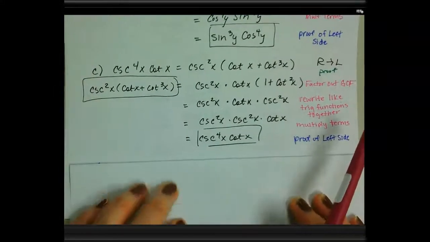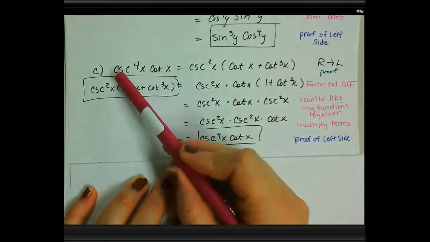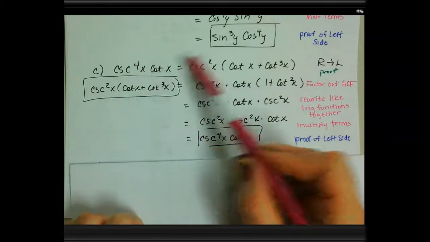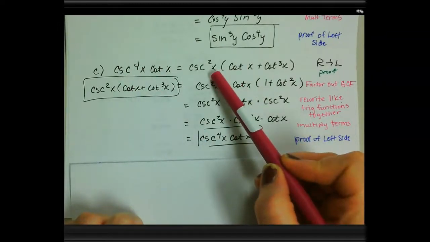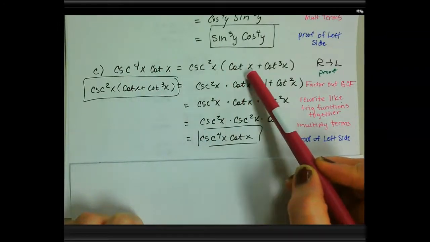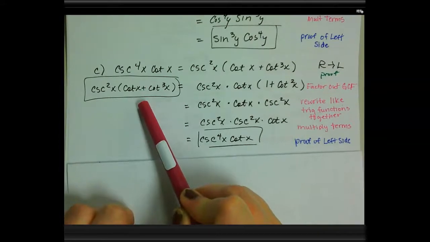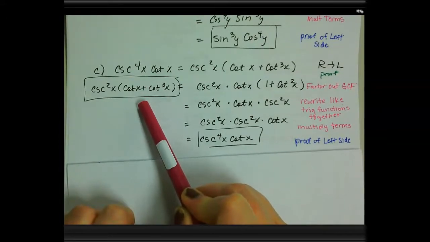All right, another one. So you can see lots of high powers in these. That's where this kind of comes in. So I have secant squared x times cotan x plus cotan cubed x. That's where I'm starting, so that's the step I write down. Then my first step is going to be to factor out.